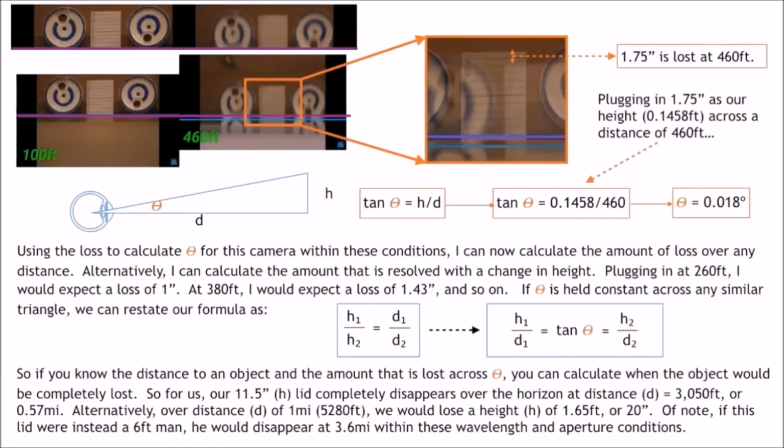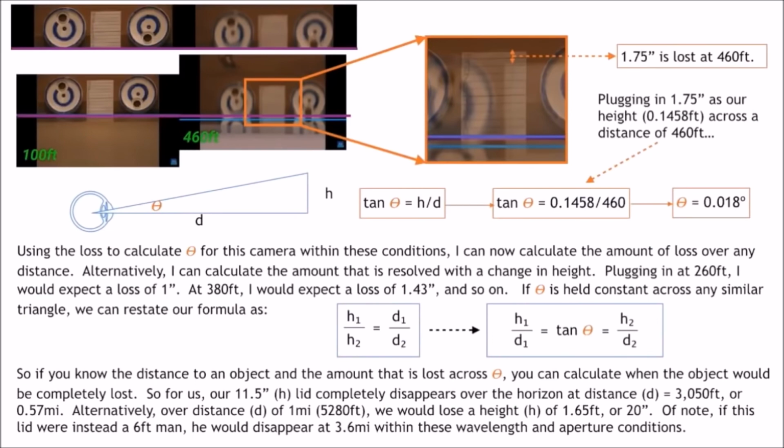So we plug in 1.75 inches as our height, which is 0.1458 feet across a distance of 460 feet. Using our same diagram as we've done before, solving for theta gives us a very similar angle to what we've gotten before, which is 0.018 degrees, very close to our 0.02 degree 1 arc minute human eye resolution limit.